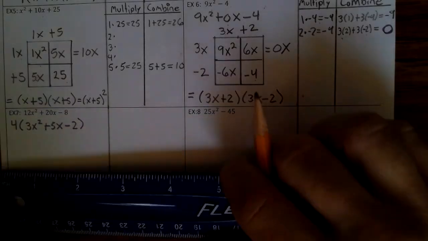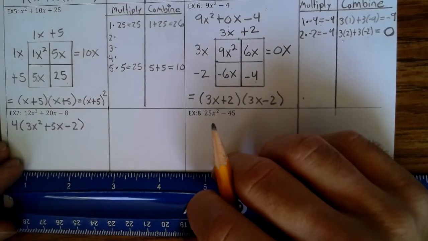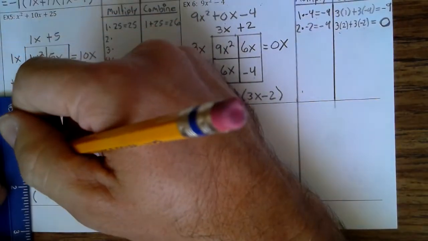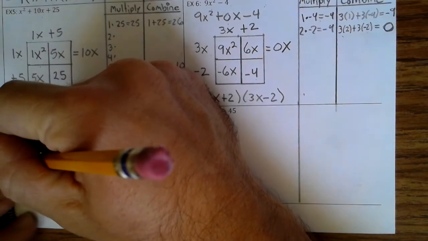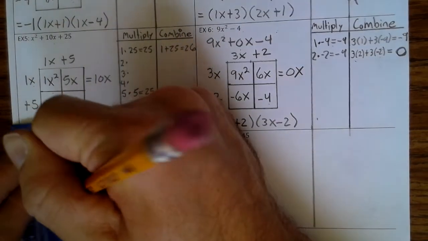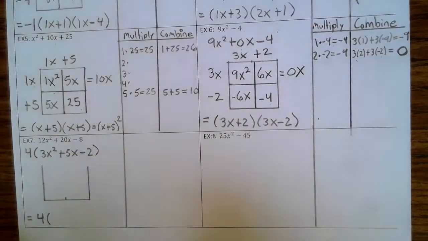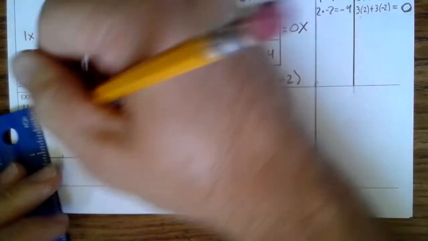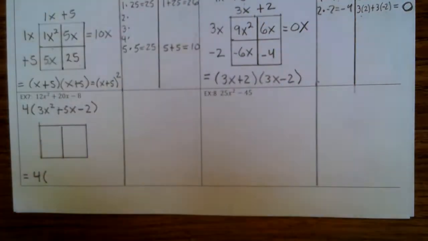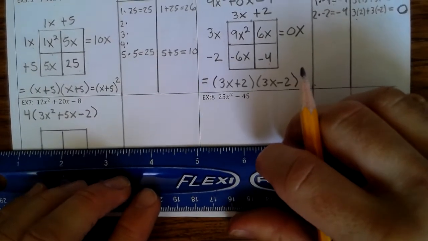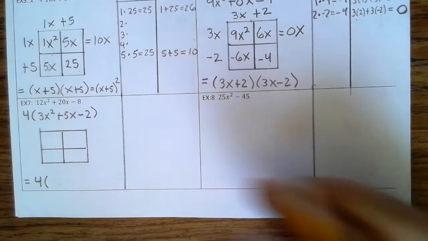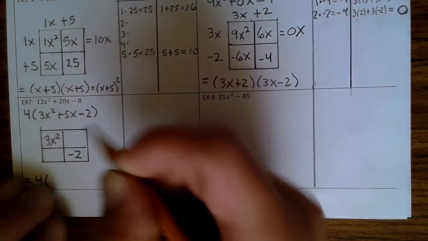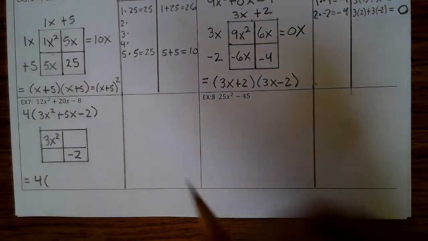Okay, now we're going to factor using a reverse box method. So first term, last term, and we need to multiply and combine.